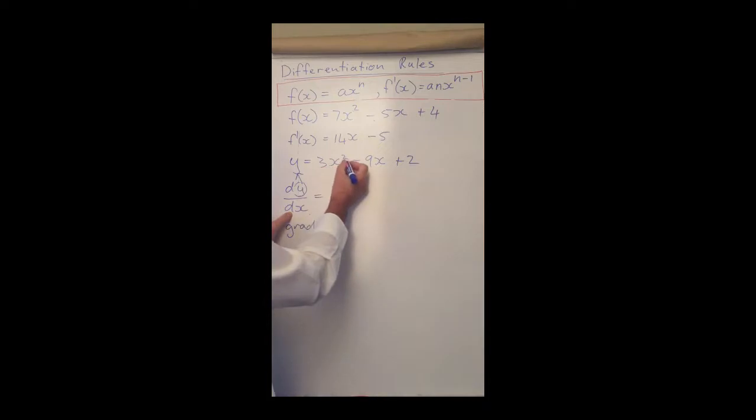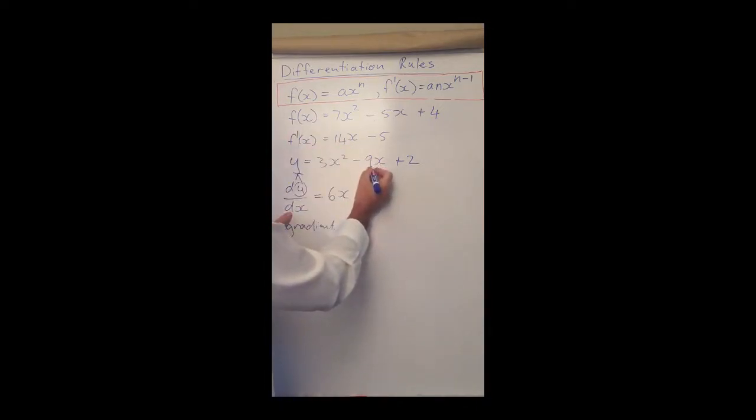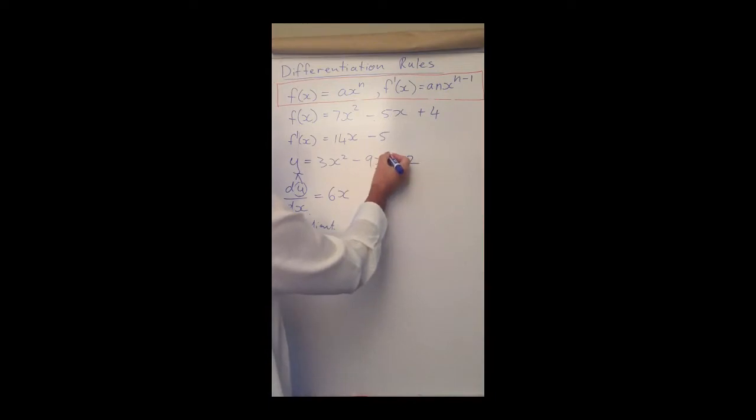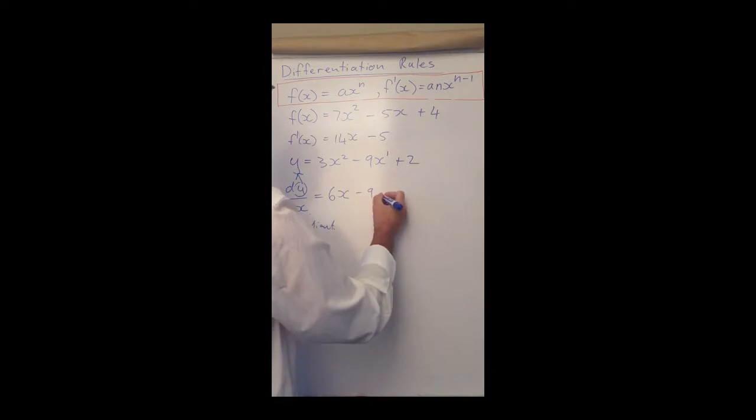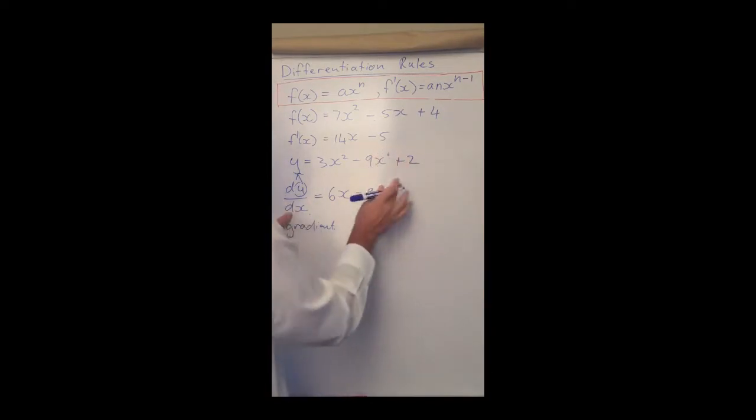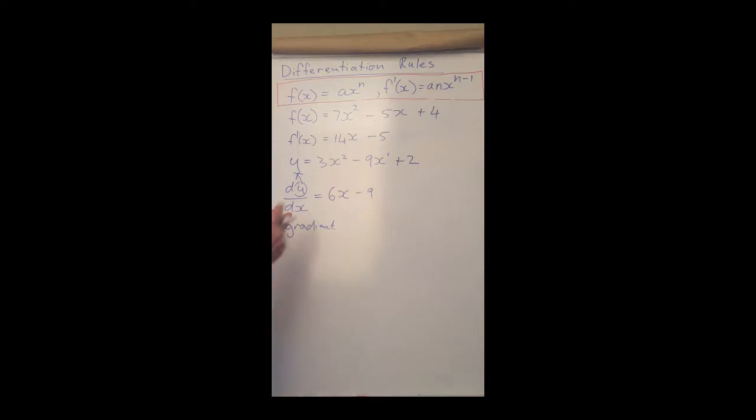So 3 times 2 gives me 6. Write down x, subtract 1 from 2, it is 1. Apply the rule here as well: minus 9 times 1 gives me minus 9, and the x will fall away because to the power of 0 gives me only 1. And as we've seen, the first derivative of a constant value is always equal to 0.